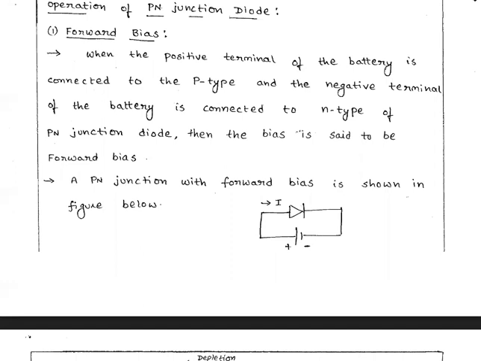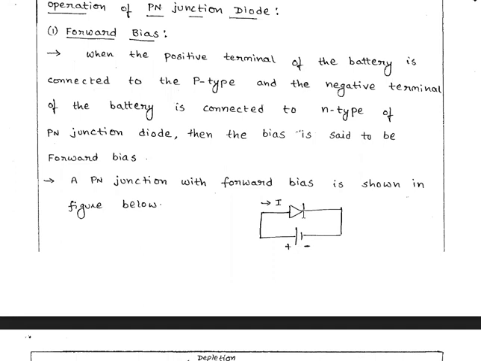When the positive terminal or anode of the battery is connected to the P-type or anode of the PN junction and the negative terminal of the battery is connected to the N-type or cathode of the PN junction, then this setup is called forward bias.